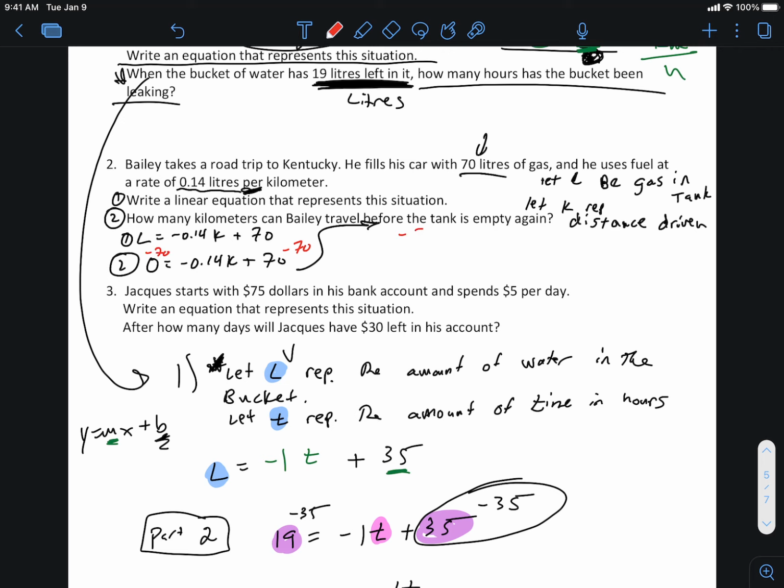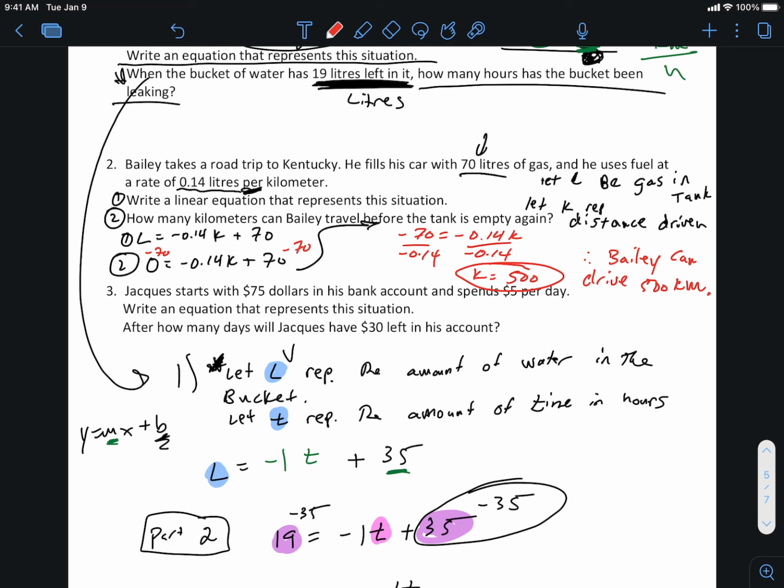And so you're going to get negative 70 is equal to negative 0.14 K. How do I get K by itself? Divide both sides by negative 0.14. And K will equal 500 kilometers. And then you can say in your little statement, therefore, Bailey can drive 500 kilometers.